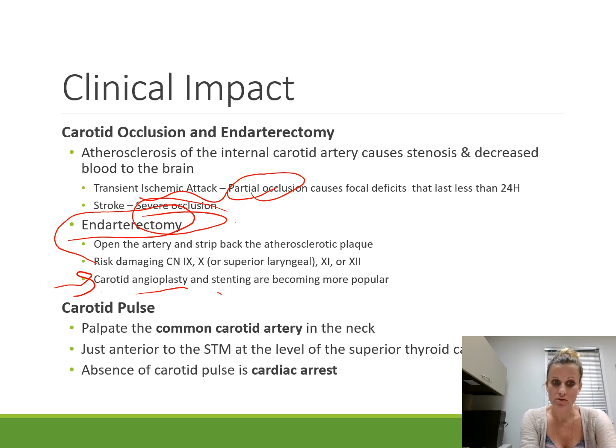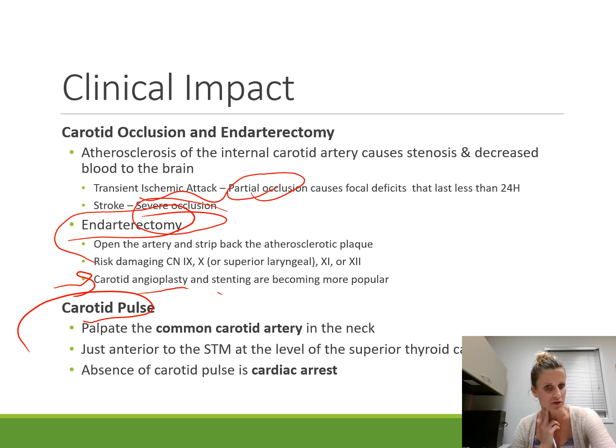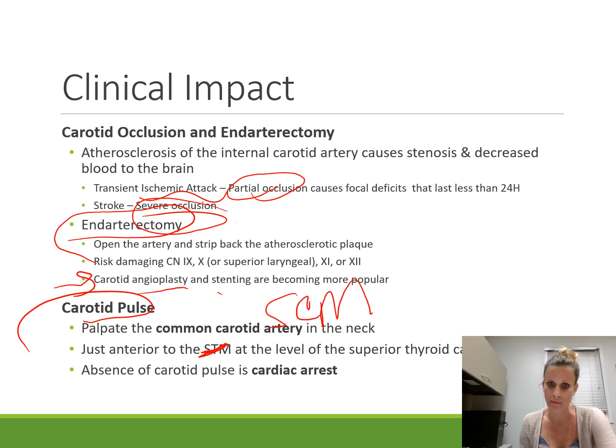The carotid pulse is the pulse that's taken here in the carotid triangle, right at the common carotid artery. We take it just anterior, or just in front of, the sternocleidomastoid, SCM, at the level of the superior thyroid cartilage.